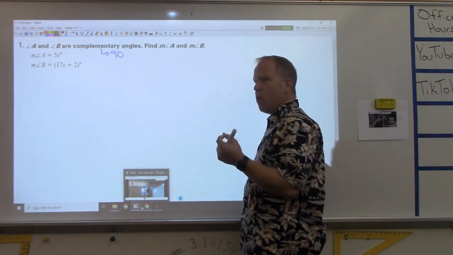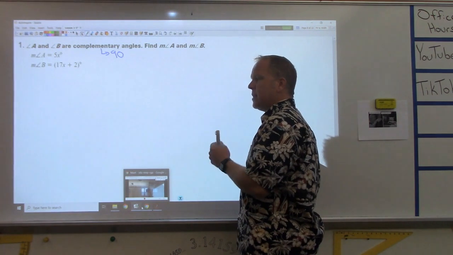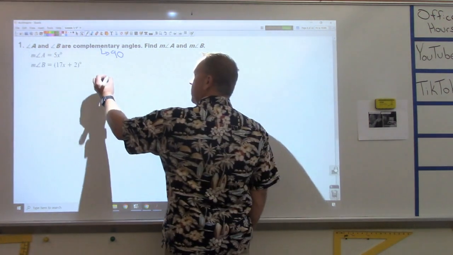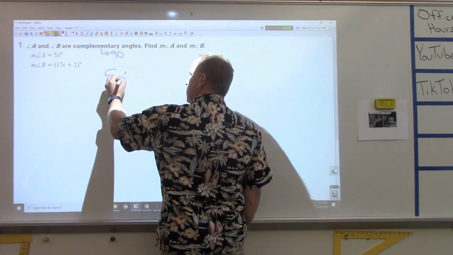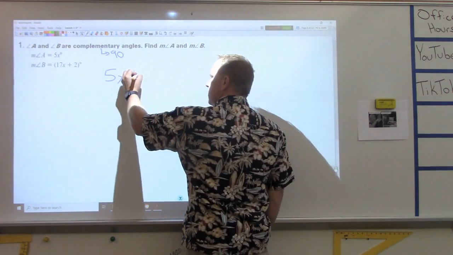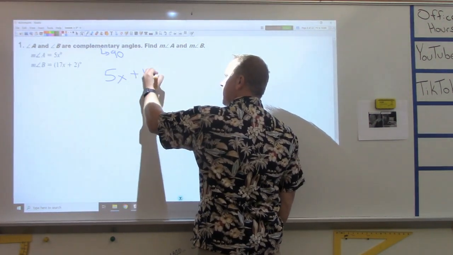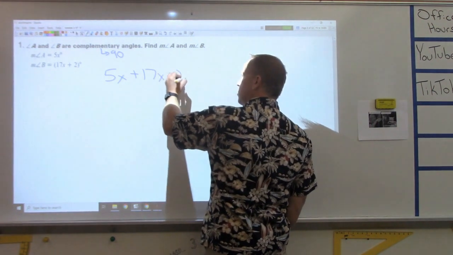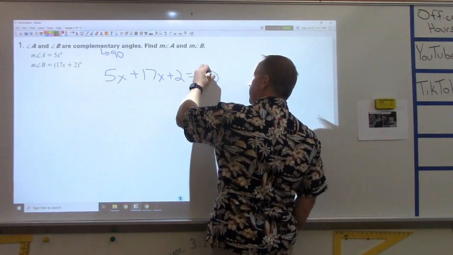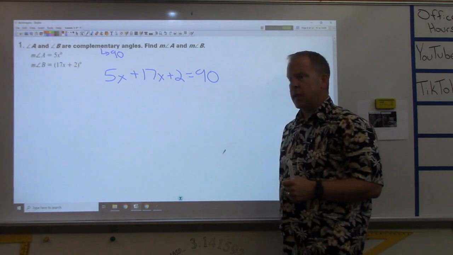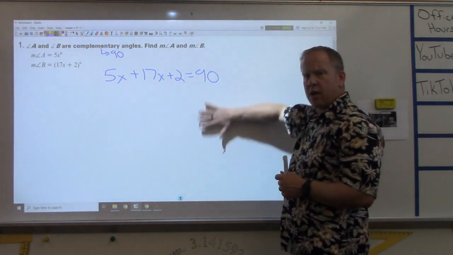So I have to take both angles, add them, and set them equal to 90 degrees. So angle A was 5x plus angle B, which is 17x plus 2, equals 90. Okay? This is where geometry stops. Now algebra is going to take over.